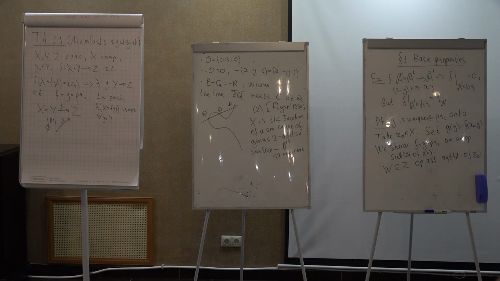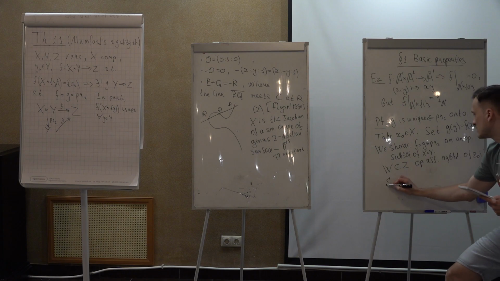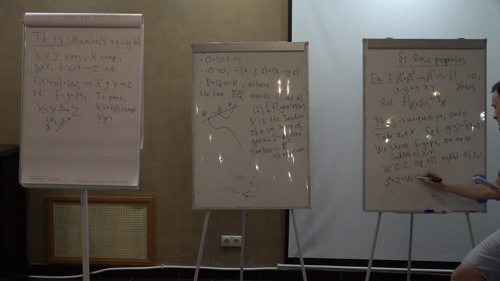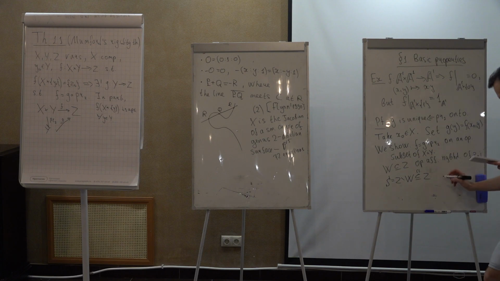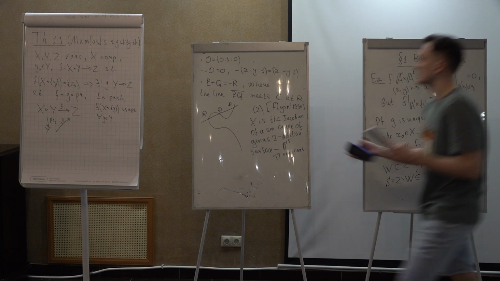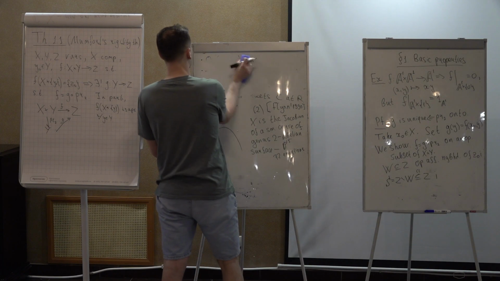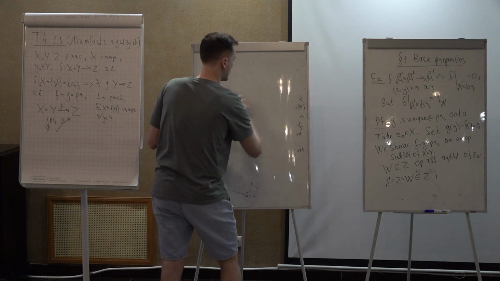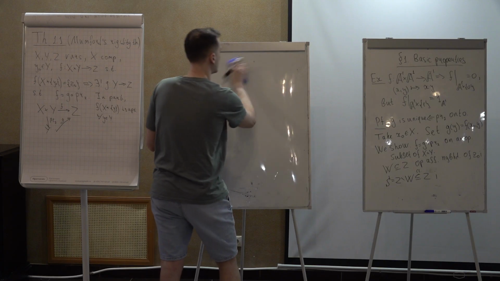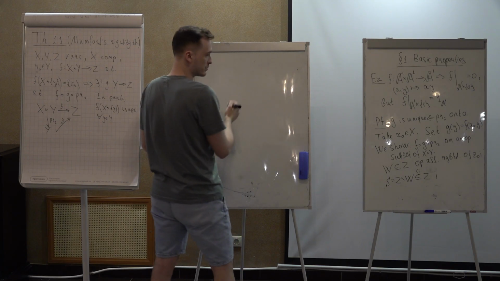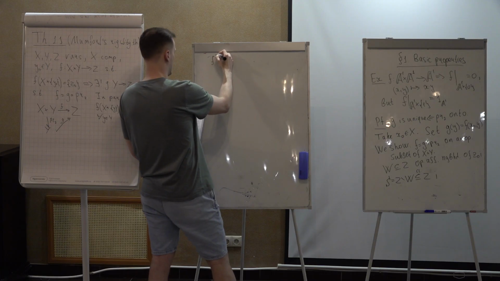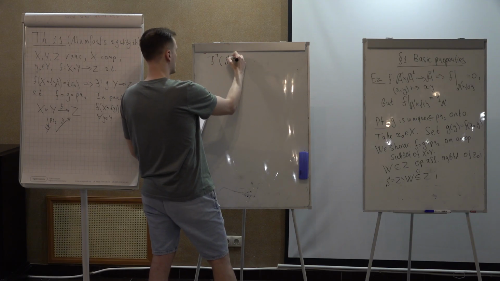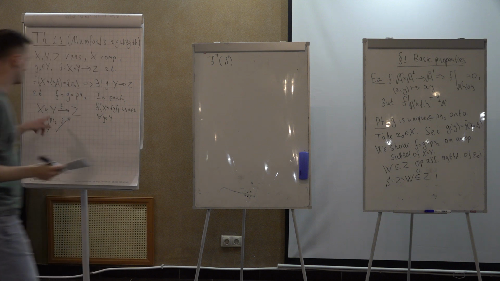We take this, then we take its complement S. So this is closed in Z. Then take its preimage, so f inverse of S will be closed here.